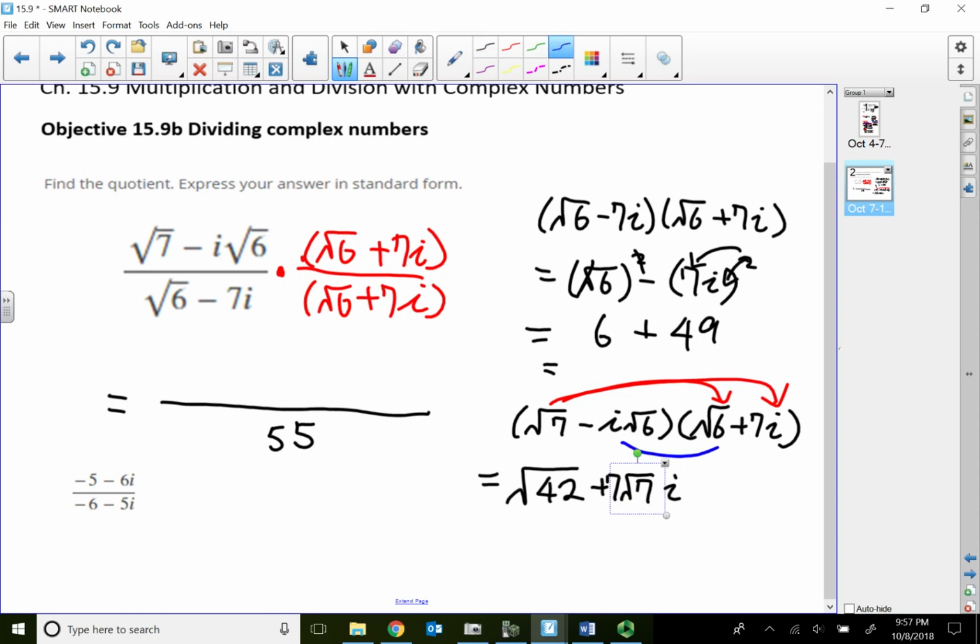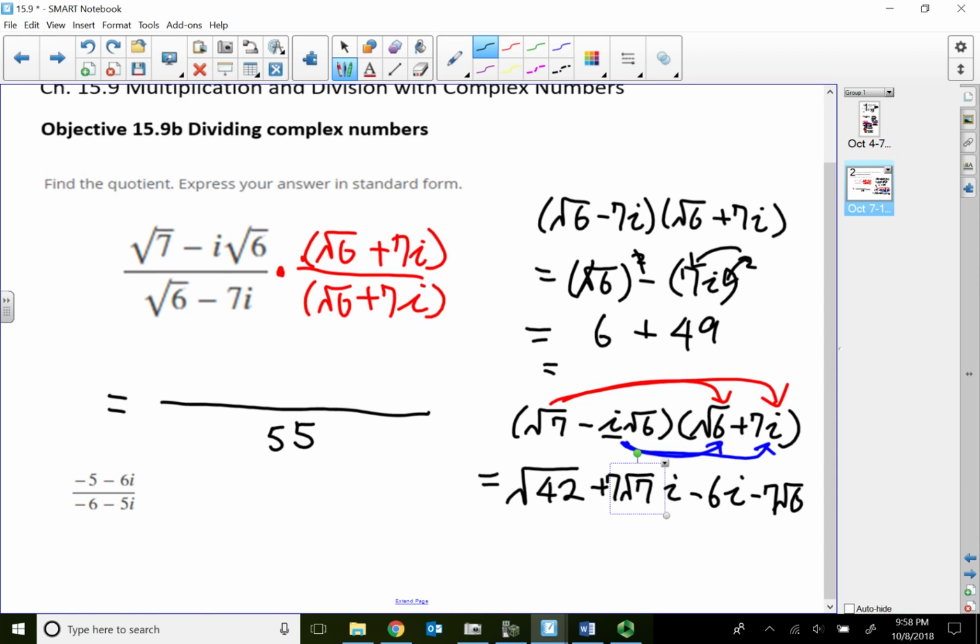Negative i times square root of 6 times square root of 6 is square root of 6 squared, which is just going to be 6. So that would just be negative 6i. All right. Negative i square root of 6 times positive 7i. Negative times positive is normally negative 7 square root of 6.